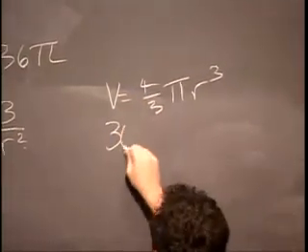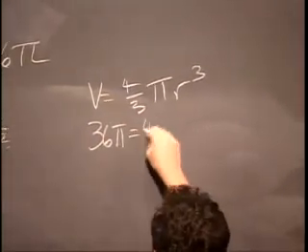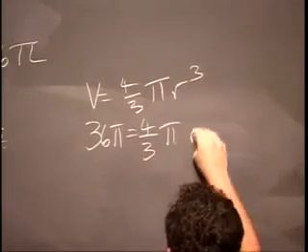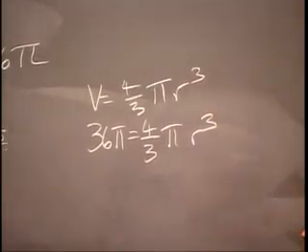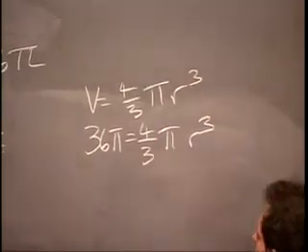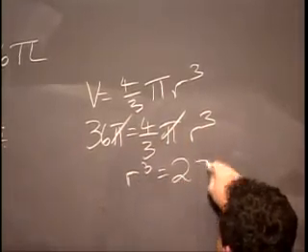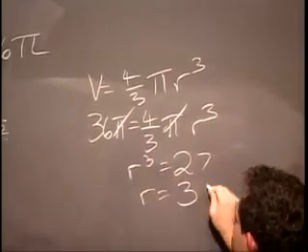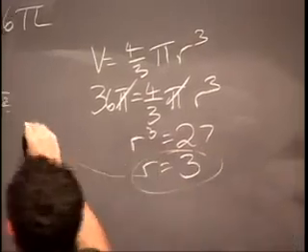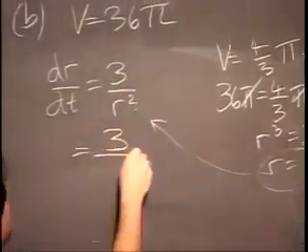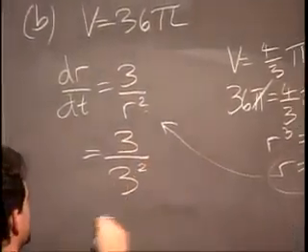And you will get 36 pi equals 4/3 pi r cubed. And if you solve for this, you'll get that the pi's cancel out. You'll get r cubed is 27. So r equals 3.